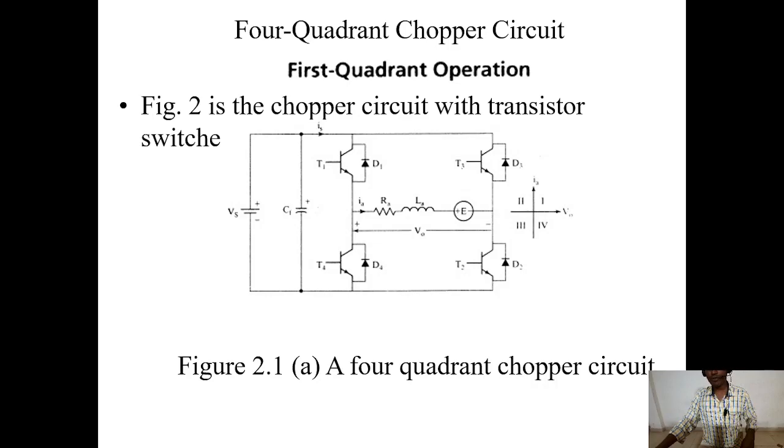If we need no voltage across the load, then we have to switch off or turn off T1. If we turn off the T1 transistor, the current IA starts to decrease through the power switch and through the inductor.